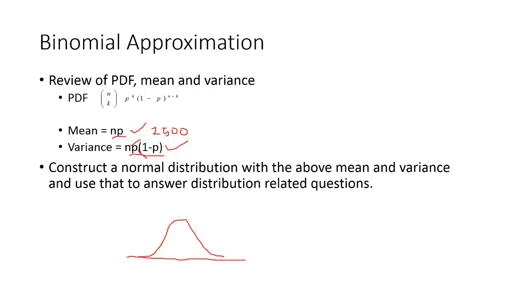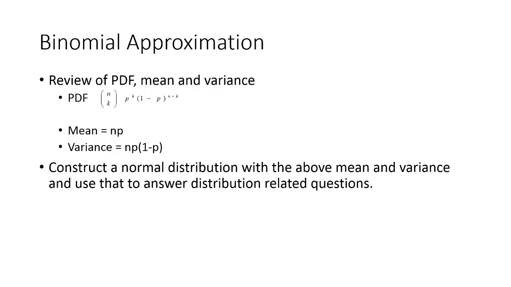So you're interested more in intervals, which is in spirit what you can do with continuous distributions, and you can use the normal approximation of the binomial distribution to achieve that, as long as n is fairly large.